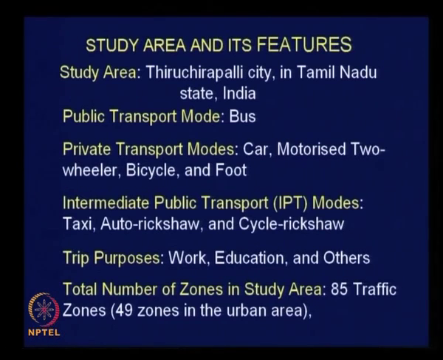If you look at this number in comparison with the division of urban areas into traffic zones for studies internationally, this is a very small number. Ideally, the number of traffic zones should have been a minimum of 200 traffic zones, that is, in an international standard.